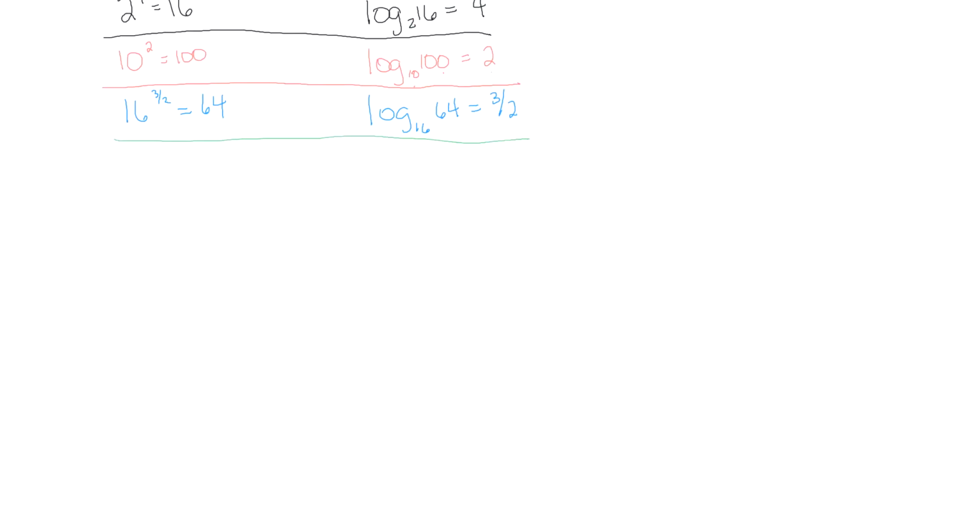Okay, we write in logarithmic form. 5 to the 4th equals 625. Log base, which is a big number, answer equals the exponent.